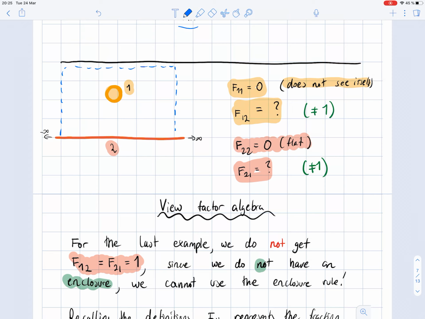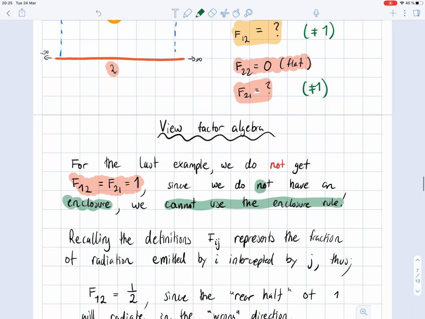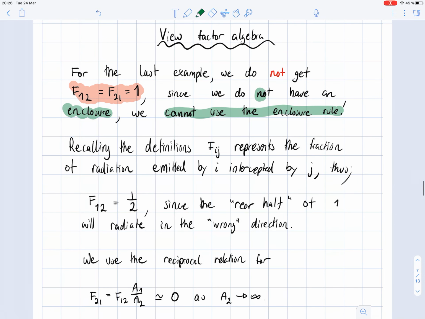So with the absence of these, we cannot use the enclosure rule. So we'll have to do something else. If we go back to the definition, Fij represents the fraction of radiation emitted by i intercepted by j.